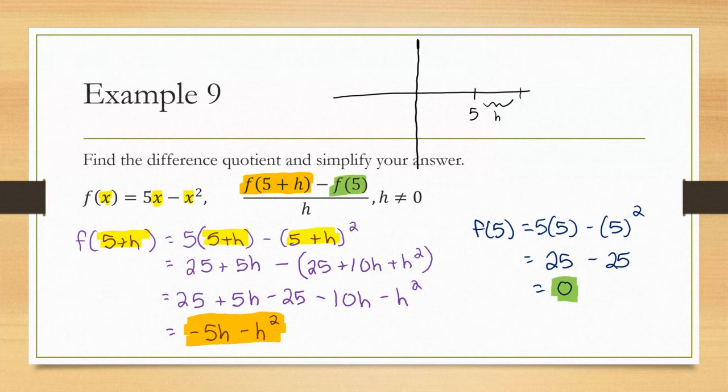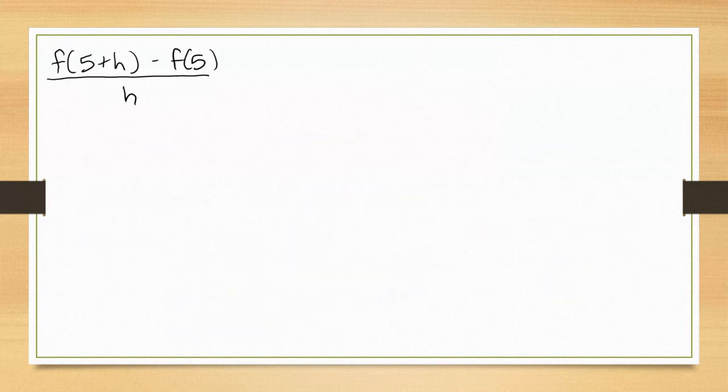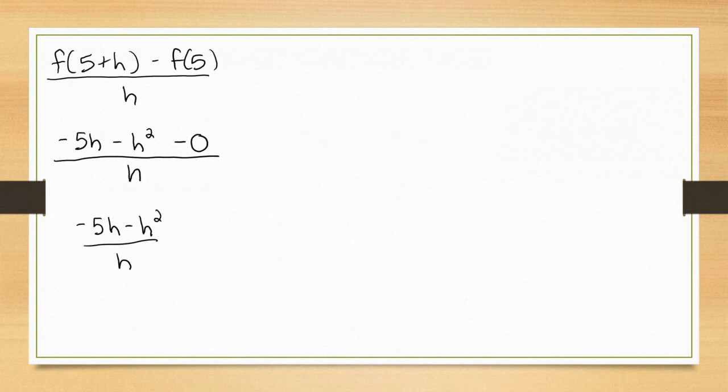So now f of 5 plus h is negative 5h minus h squared. And then f of 5 was 0. So now when I simplify, I have negative 5h minus h squared over h.